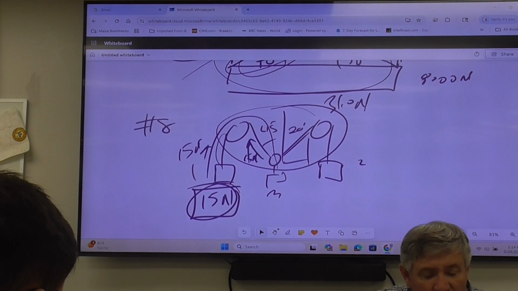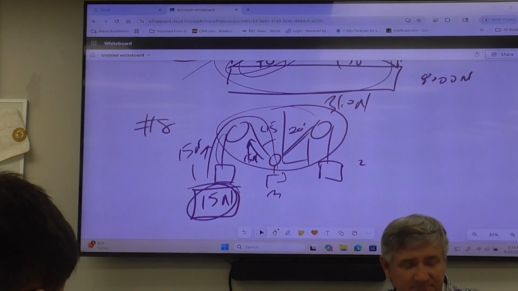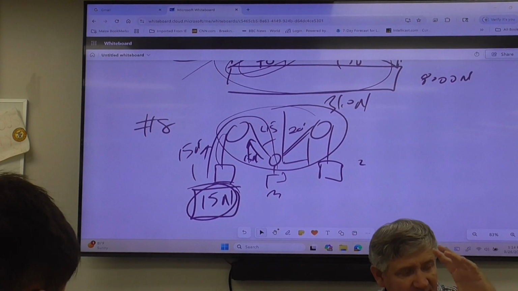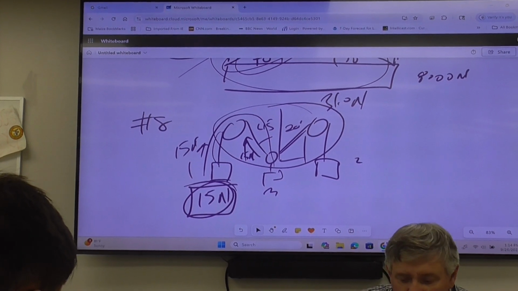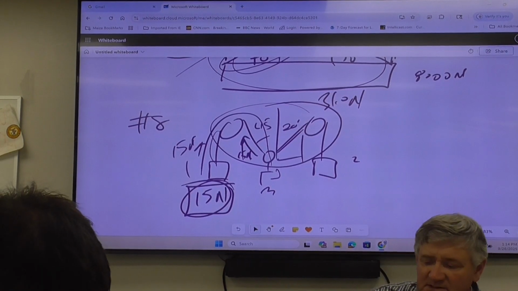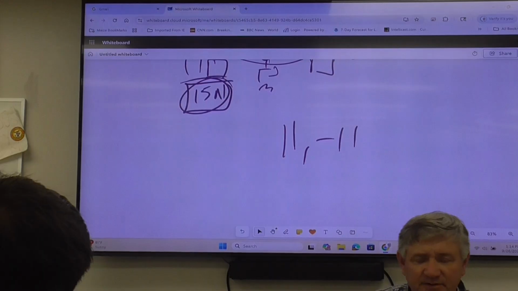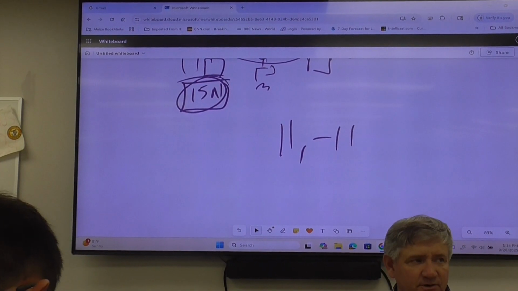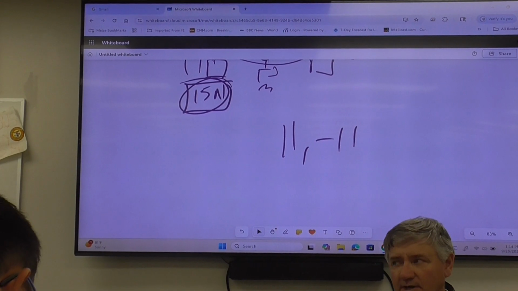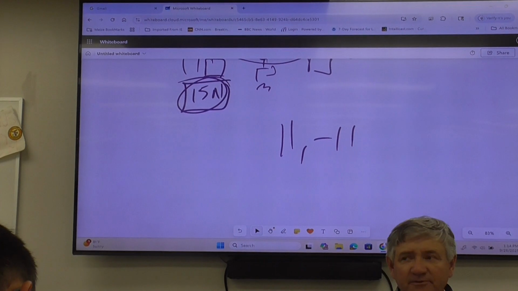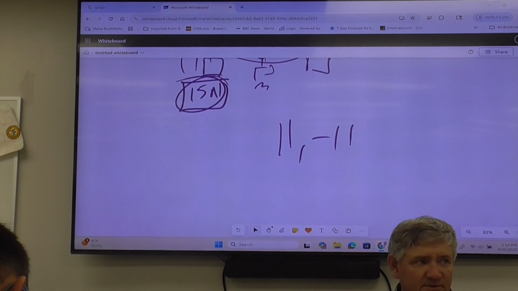So, down below, this is what I want to see. You have an x component line and a y component line. Let me explain what is not showing your work. 11 comma negative 11 is not showing your work. You wrote down numbers. This in no way, shape, or form indicates that you know what the sum is.